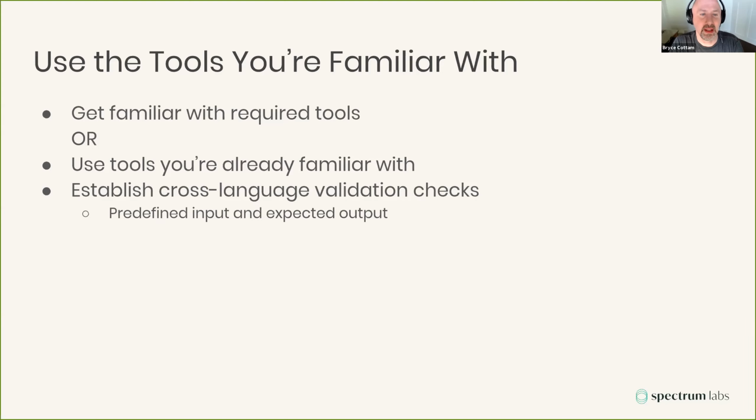But one of the things that's really handy in a scenario where you're just using the stuff you're already familiar with, which almost inherently means people are using different tool sets to accomplish maybe the same goal, like detecting hate speech, is to have checks that are essentially like unit tests for the different language implementations of the logic.